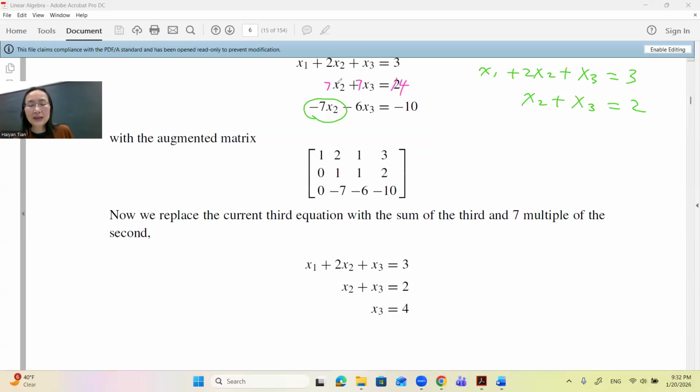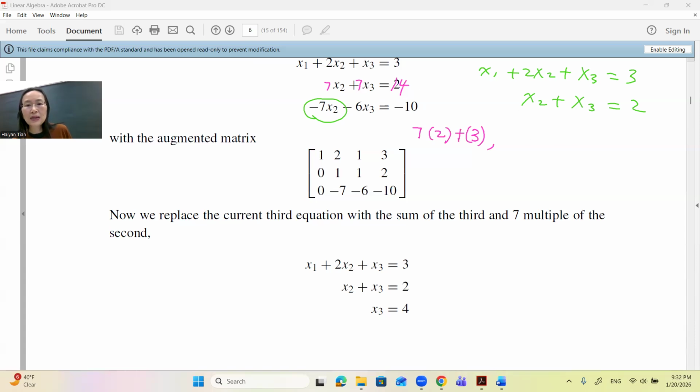So if I add this, this is what we are going to do. That is, 7 times the second equation is being added to the third equation. So a multiple of the second equation is being added. Then the x2 will be eliminated in the third equation. So we get a new third equation.